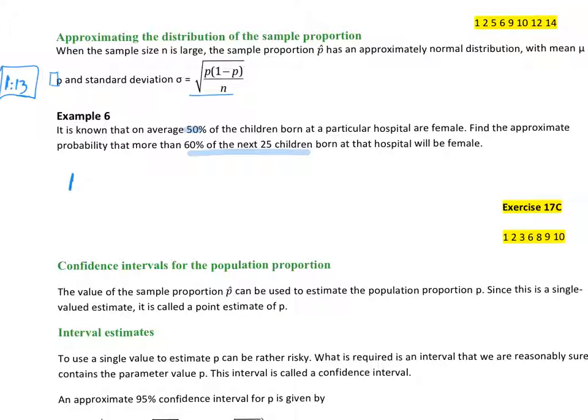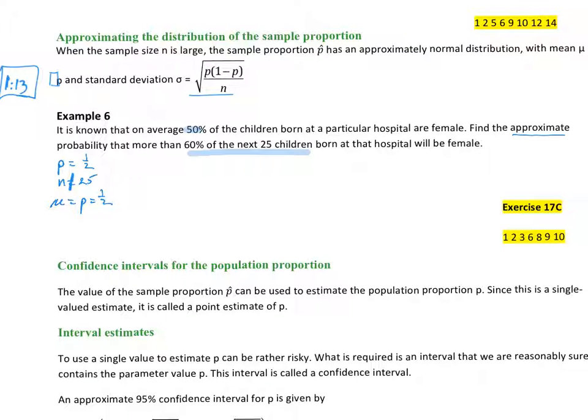So the population proportion p is equal to a half. My sample size is 25. Because it's suitably large, for an approximate probability we can use a normal approximation. So we know mu is equal to p, which is a half.